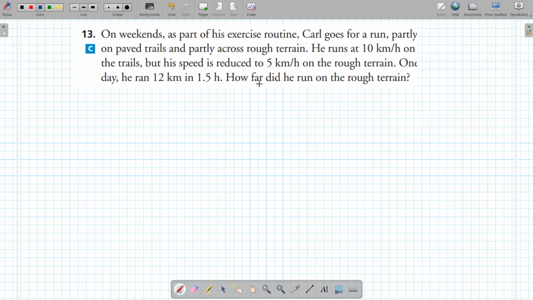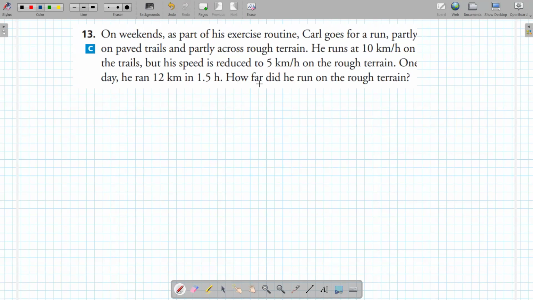All right, what's going to be our x and y? That's going to determine how we solve this problem. You're going to get two equations. Hopefully. What's our x and y? Let's start with that.